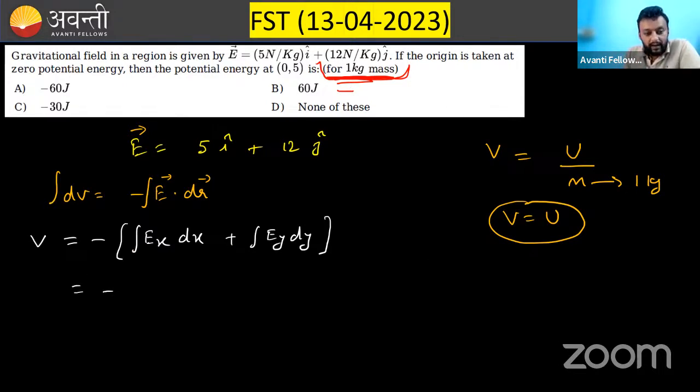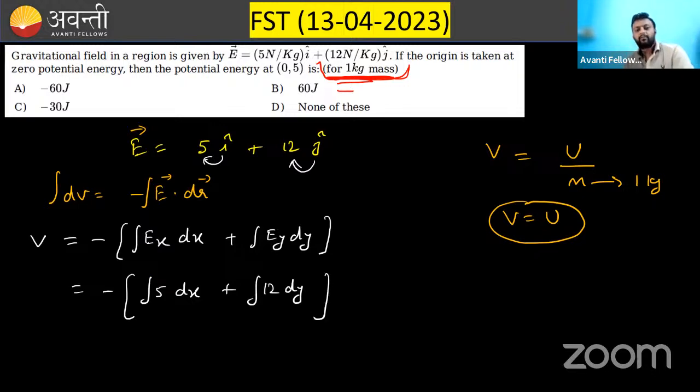Now put the values. Minus is already there. Very good, Logesh. What is Ex here? Ex is the component of i cap and Ey is the component of j cap. So that is 5 dx plus 12 dy.